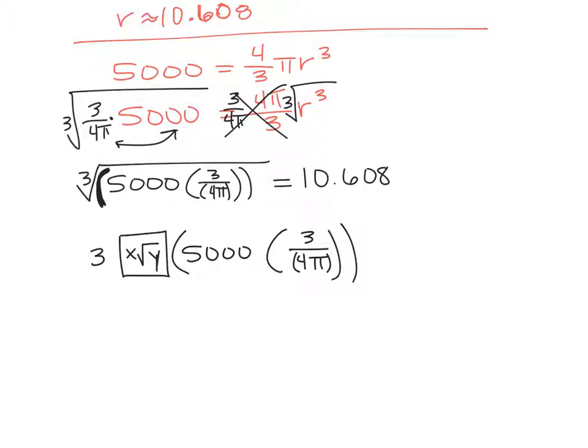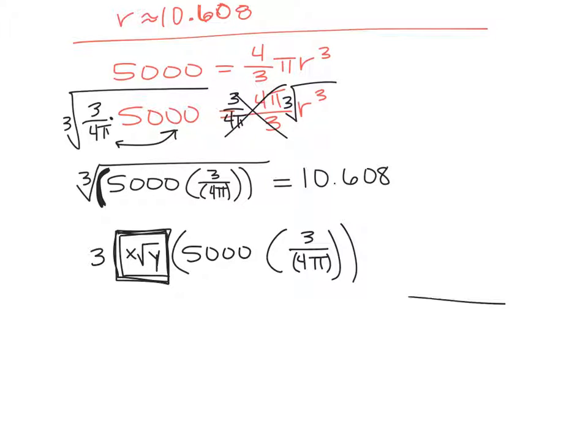Thank you, Mackenzie. Okay, so if you have this x square root y button, make sure you put the 3 out in front. That's what will cube root it for you. Okay, and if you're not getting that, I will come show you in just a minute.